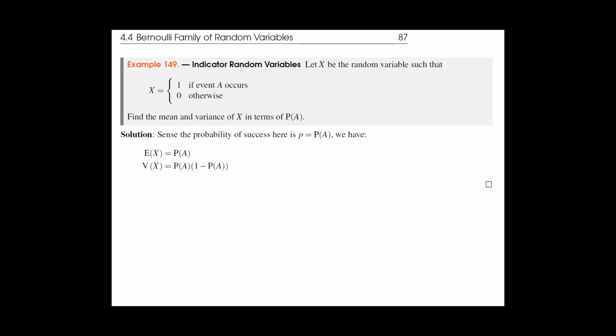All right, we've talked about indicator random variables. That's just another way of saying Bernoulli random variable, but it has the clear meaning that really you could define the success as anything. So here the success is the event A taking place, and A could be anything, right?